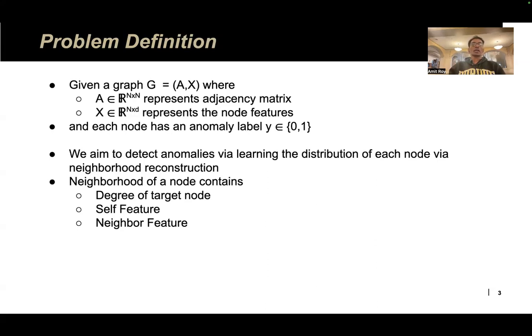In this work, we aim to detect anomalous nodes via learning the distribution of each node via neighborhood reconstruction. By neighborhood of a node, we represent its features, the degree of this target node, and the neighbor features.